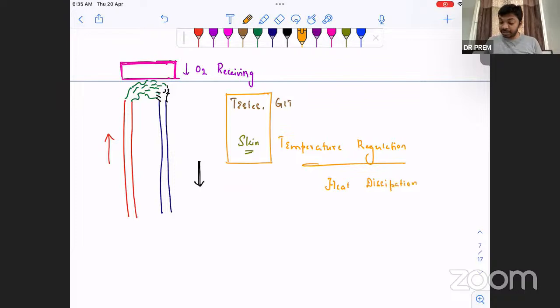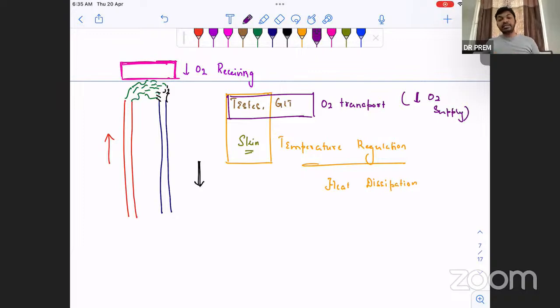Testis as well as GIT uses countercurrent blood flow for oxygen transport. There is already a comparatively decreased oxygen supply. And skin and testis share this countercurrent mechanism for heat dissipation.